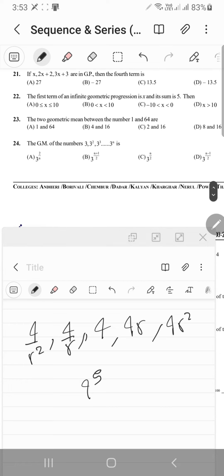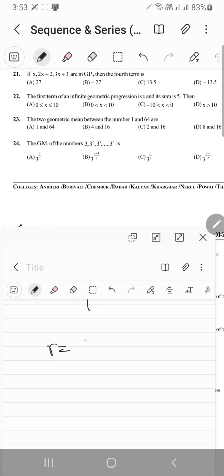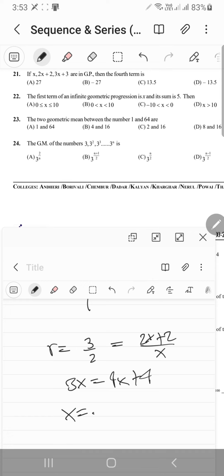If x, 2x plus 2, 3x plus 3 are in GP, then what is the fourth term? Clearly the ratio is 3 upon 2, from the ratio of these two, but at the same time it's also equal to 2x plus 2 upon x. That means 3x is 4x plus 4, so x equals negative 4.